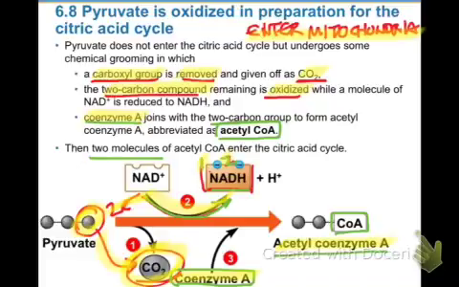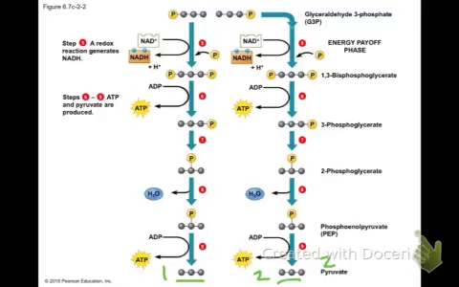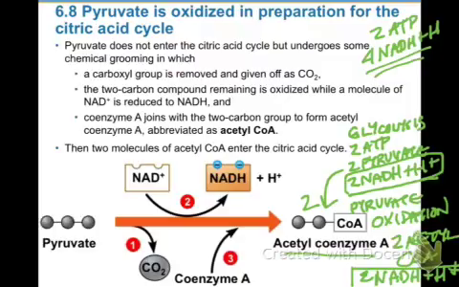So coenzyme A joins with the 2-carbon group to form acetyl coenzyme A. Now, remember, there are 2 molecules going on here because, if I back up again, at the end of glycolysis we form 2 pyruvate, 1 and 2. So at the end of this step, what we wind up with are 2 acetyl groups.